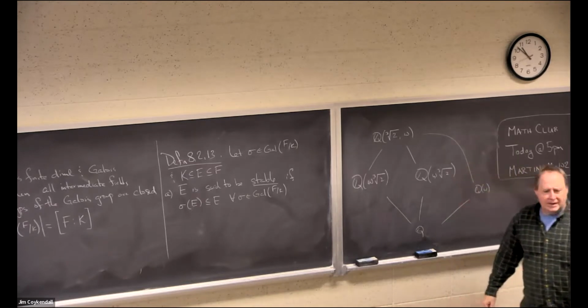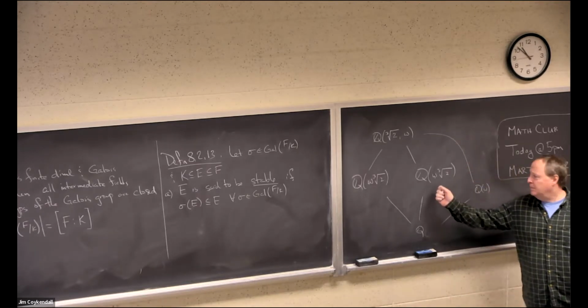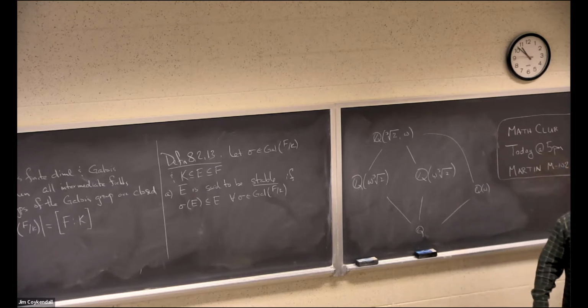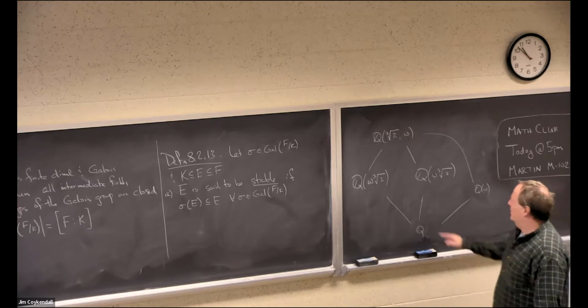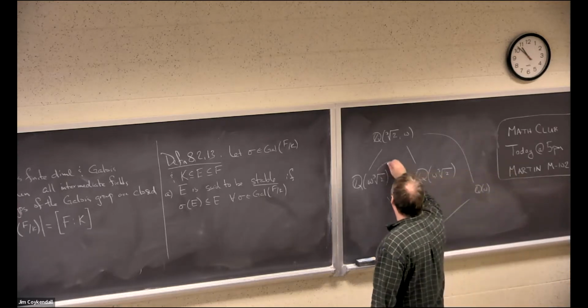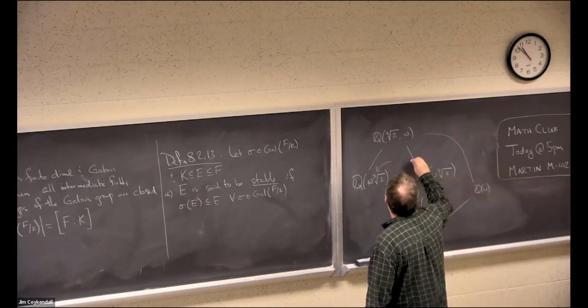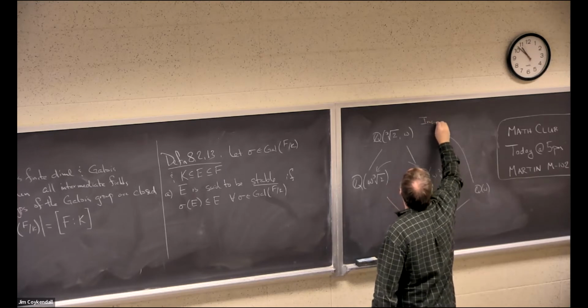This is not the complete lattice. Notice I'm missing the real field, right? But let me point out that these two pieces right here, let me draw an incomplete picture.